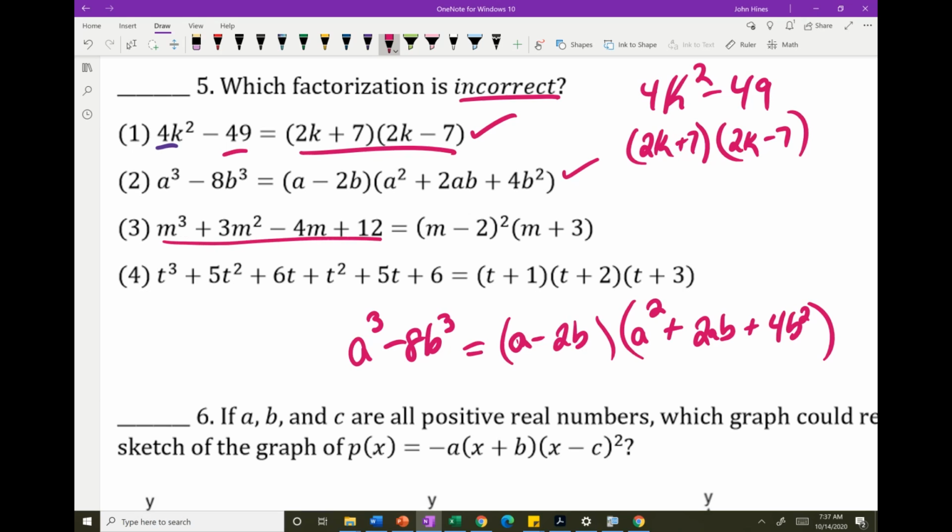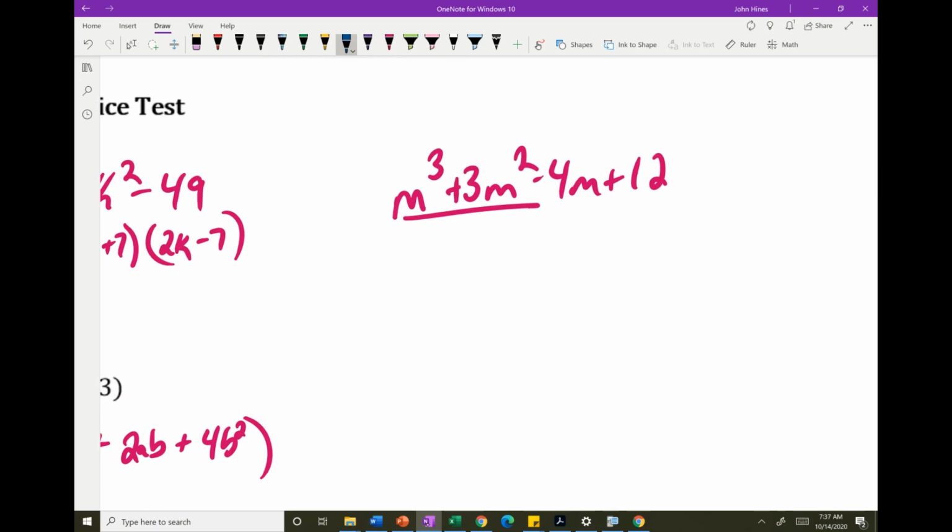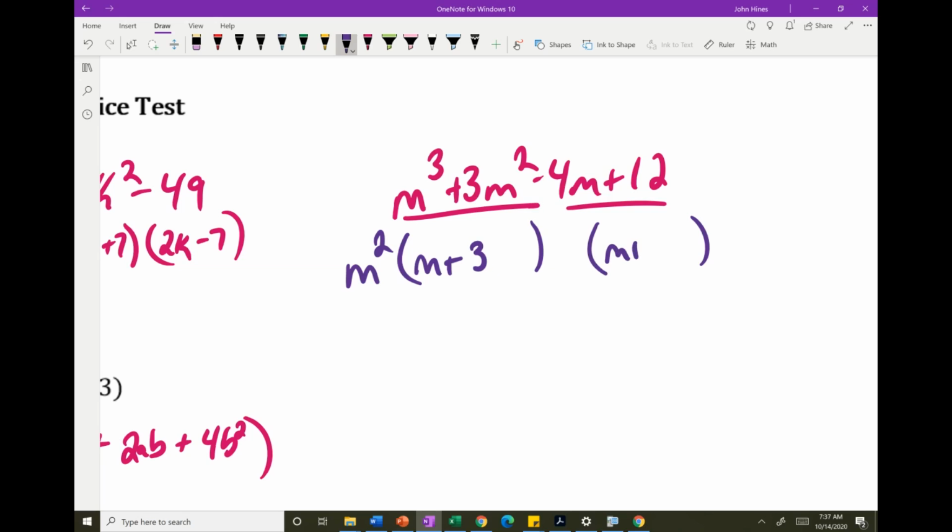I've got 4 terms here, so this must be grouping: m to the third plus 3m squared minus 4m plus 12. This must be grouping here, so let's group. I can take out m squared, so m plus 3, which means I need m plus 3 over here.